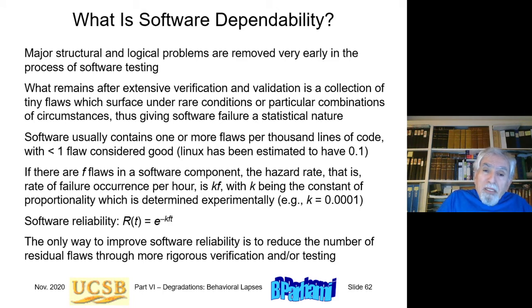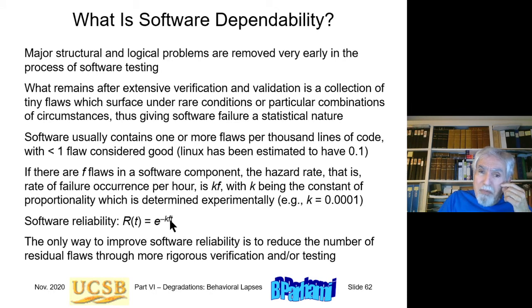So we can say that the reliability of a piece of software is exponential, e to the minus k f t. F is the number of flaws that are remaining in the software. K is a constant of proportionality, and for example, K can be this small number, 1/10,000, and it's determined experimentally.